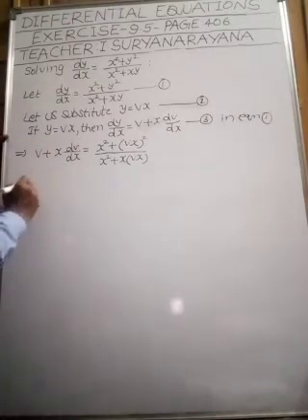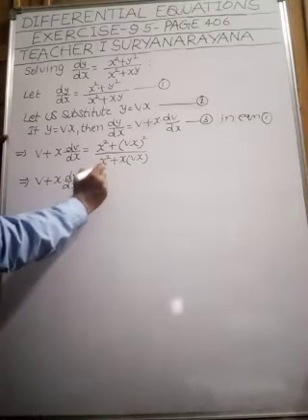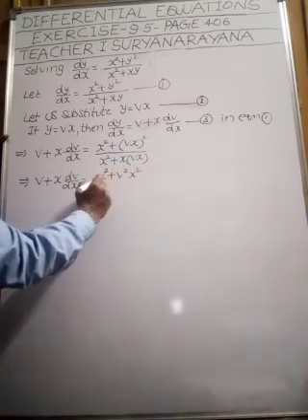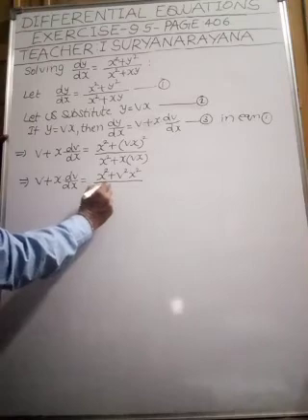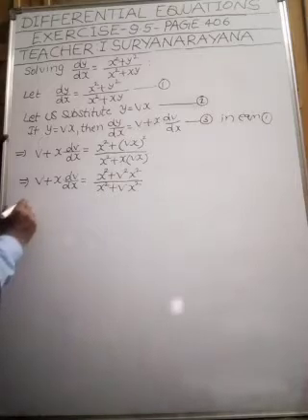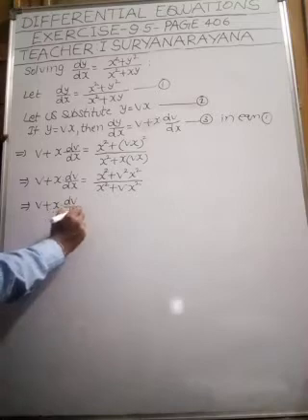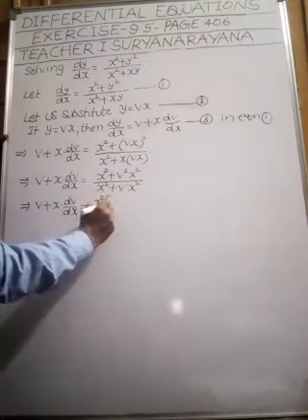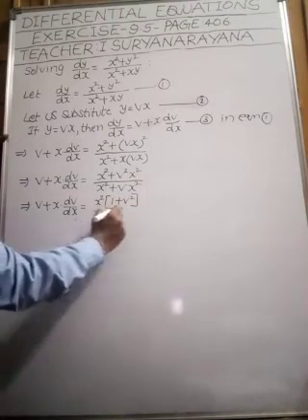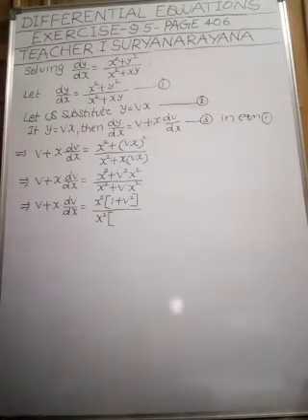Right. This implies v plus x dv by dx is equal to what we will get in RHS: x square plus v square x square by x square plus v x square. Okay, my children, understood this RHS? Right. This implies v plus x dv by dx is equal to, by taking a common factor x square in the numerator, what will we get? 1 plus v square by, in the denominator also, let us take x square common factor.